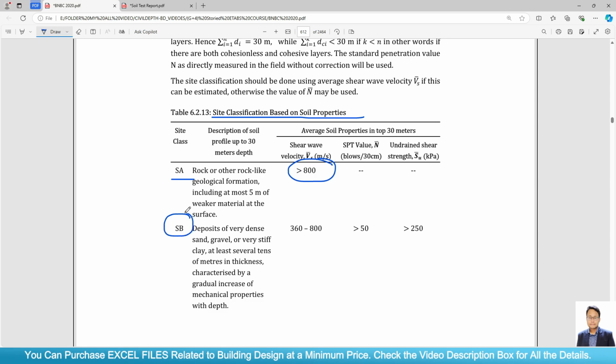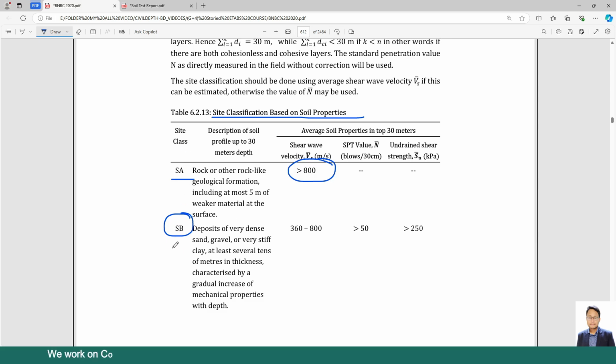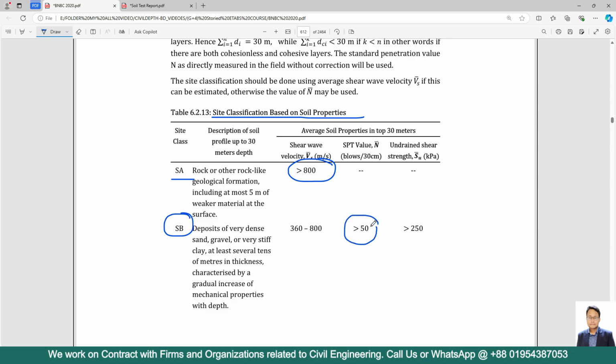For the SPT value or N bar, the site class will be minimum SB. In our country, soil type or site class SB is not available as much as I have information. So for site class SB, the minimum average SPT value should be greater than 50.